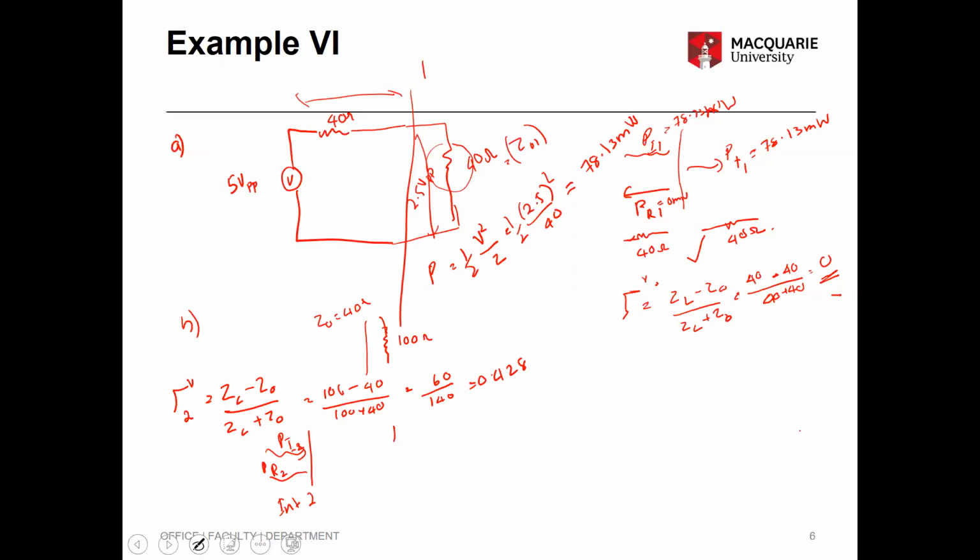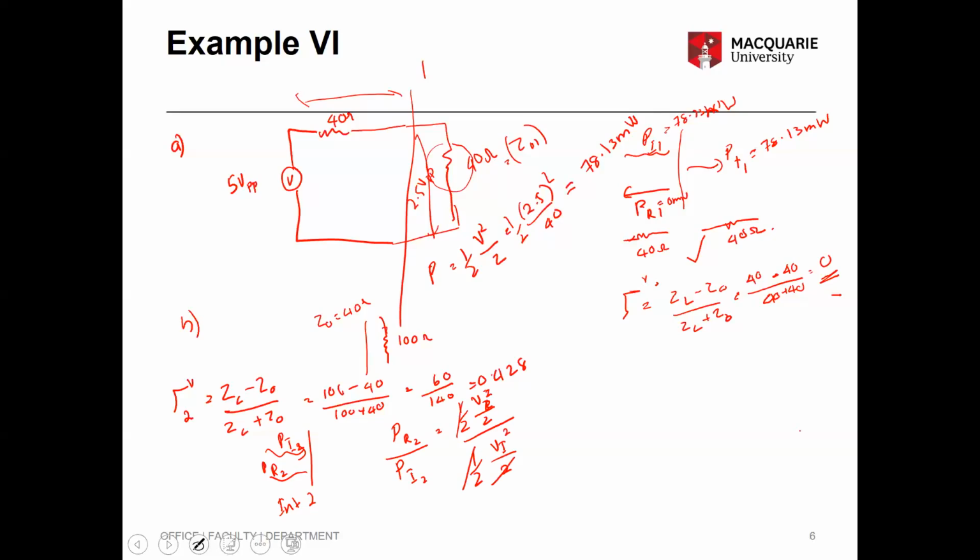You can look at P reflected 2 over P incident 2, and that's the same as half V reflected squared divided by half V incident squared.